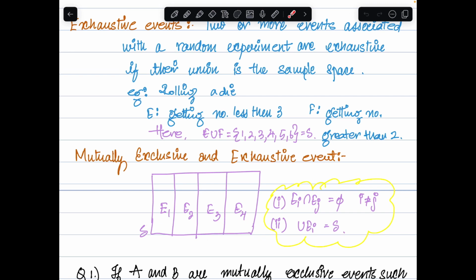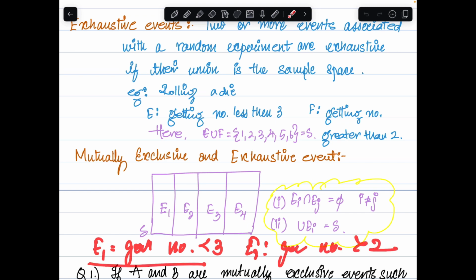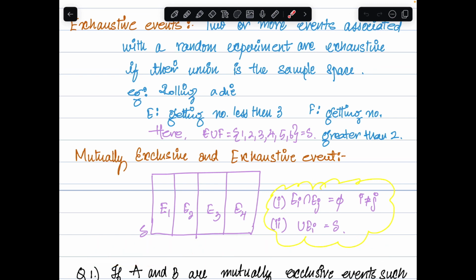For example, let's say E1 is getting a number less than 3 and E2 is getting a number greater than 2. When you look carefully, they both are mutually exclusive. They don't have any common points, and the union of both is going to give you the whole sample space.